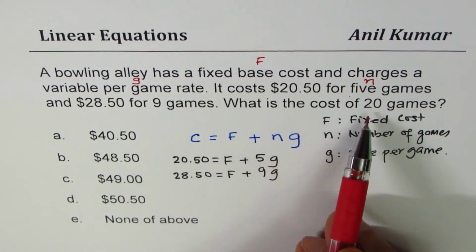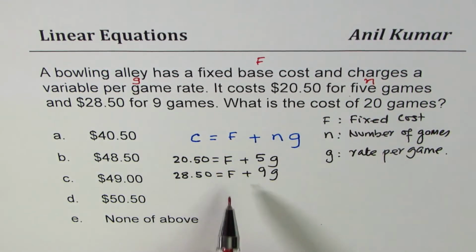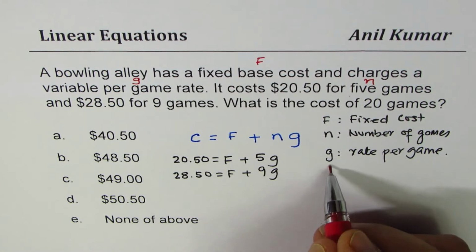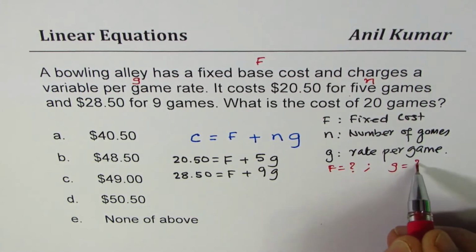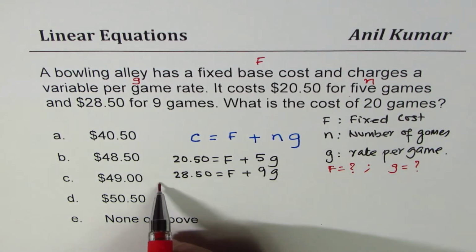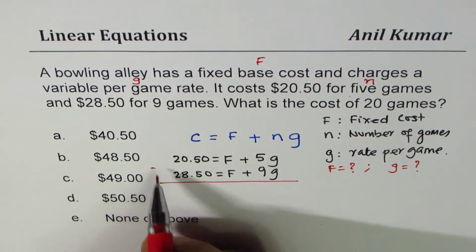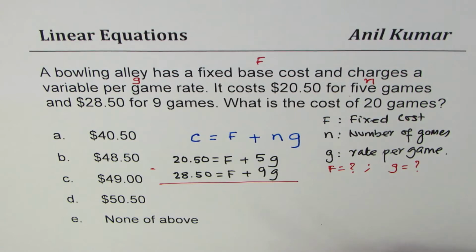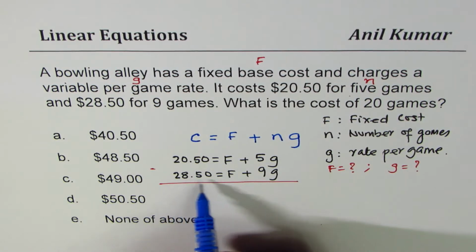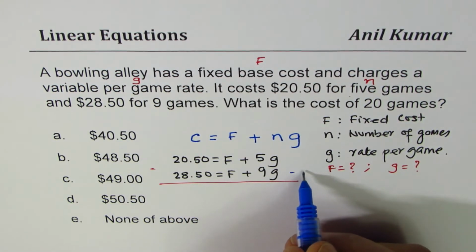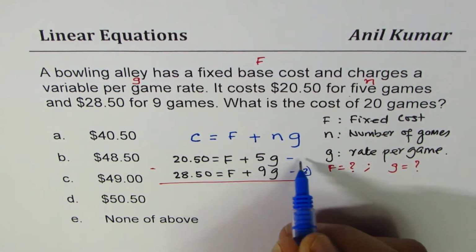What is the cost of 20 games? We have to find the cost for 20 games. That means first we have to find what f is and also what g is. From here we can take away one from the other. Let's call this equation 2 and this equation 1.